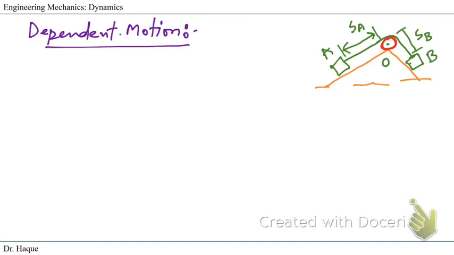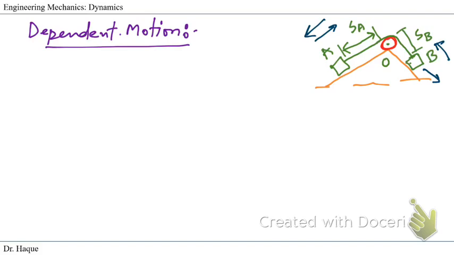So what happens is, if B goes downward, A goes upward, and if block B goes upward, then block A goes downward. It's the opposite direction.